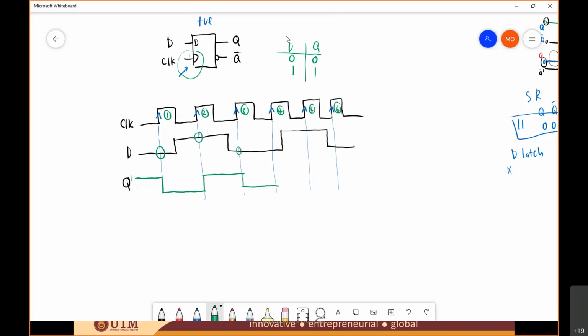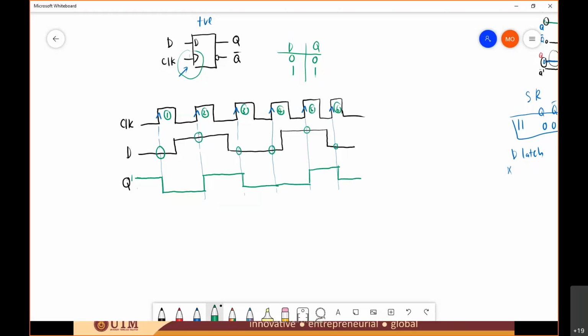Since the D is 0, masih lagi kosong, so kamu lukislah kosong sampai the next rising edge. In the fifth rising edge, the D is 1, so kamu lukis dia sama dengan 1 sampai next rising edge. Since this one is 0, dia akan jadi kosong.